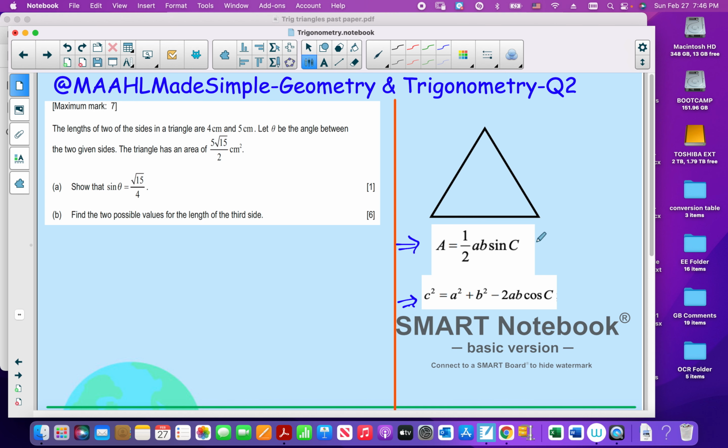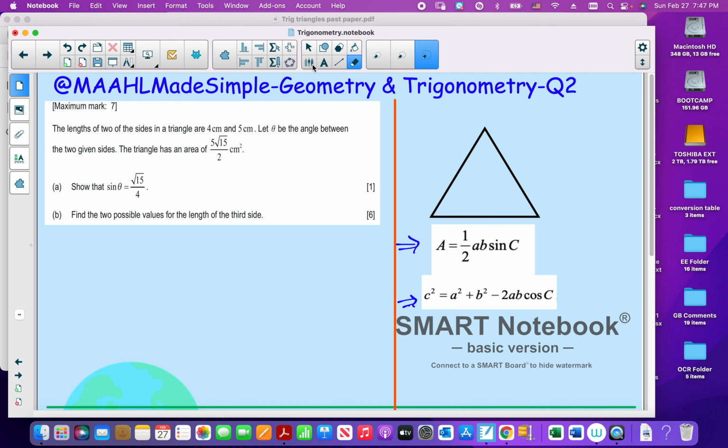That is the general one. The one that you're familiar with, area equals half base times height, is a special case. This is a special case when the angle between the two sides is 90 degrees. Sine 90 is 1. That's why we see this form. So I'm going to use the general formula for this question.